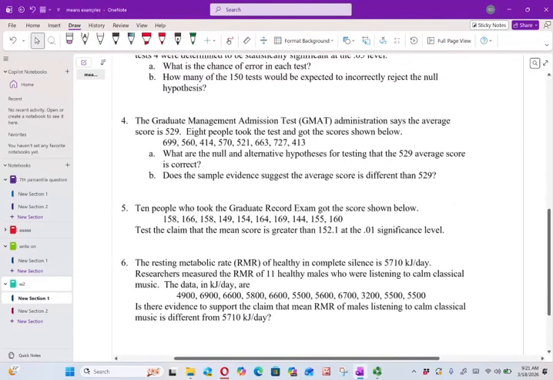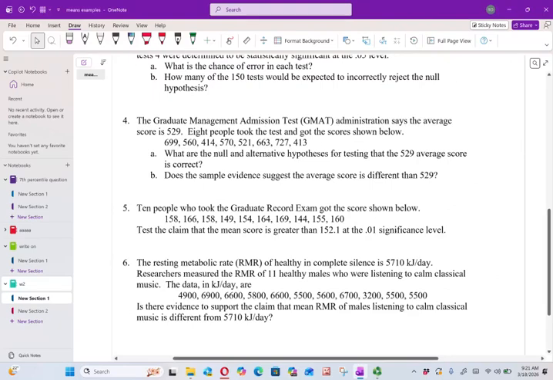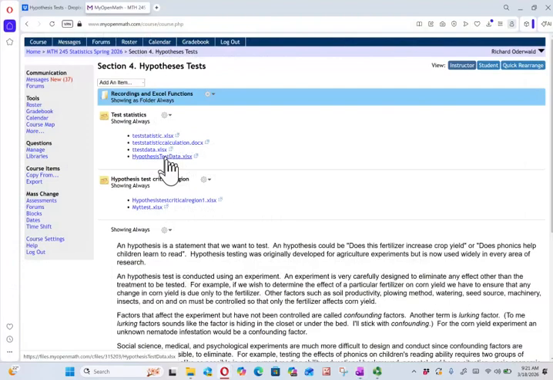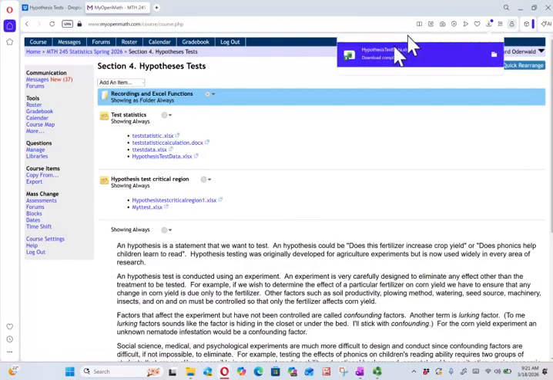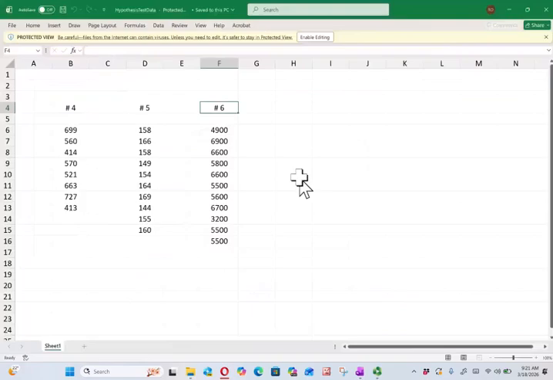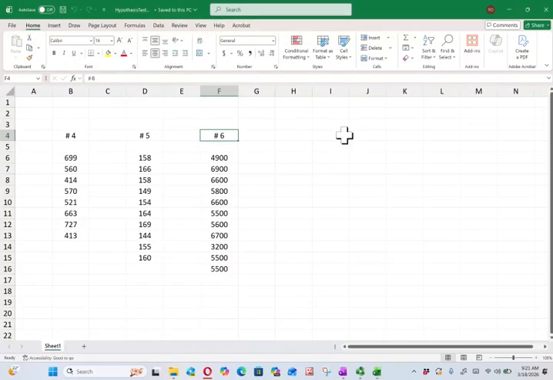The third one, we're going to do this, and if you go into My Open Math, I believe the file is hypothesis test data. And there's the numbers. We're still on number 3.